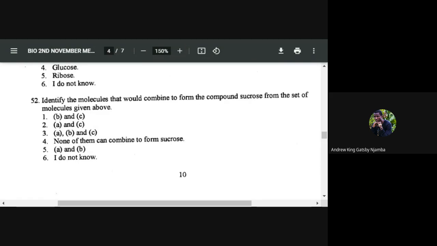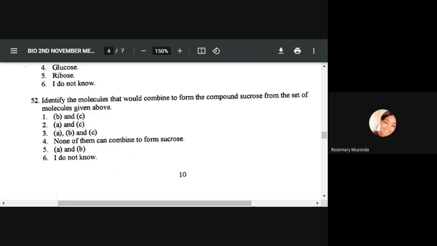Identify the molecules that would combine to form the compound sucrose from the set of molecules given above. Let them bring it in words, not in diagrams.